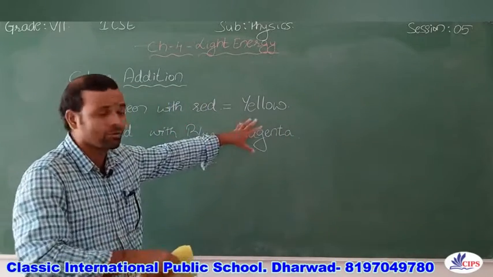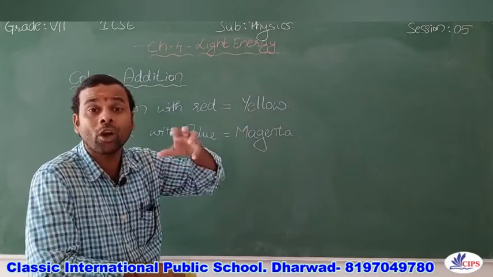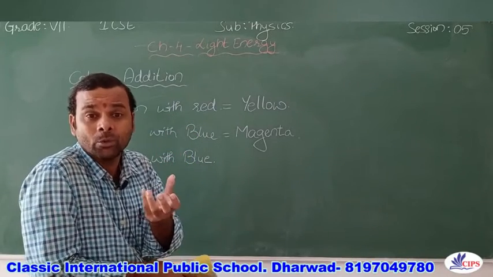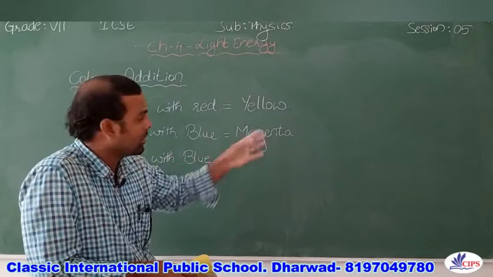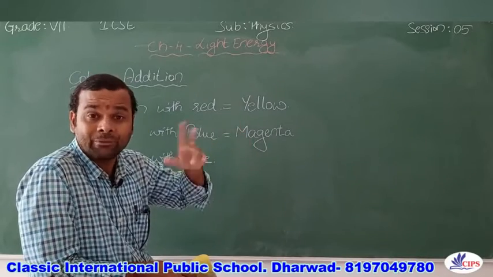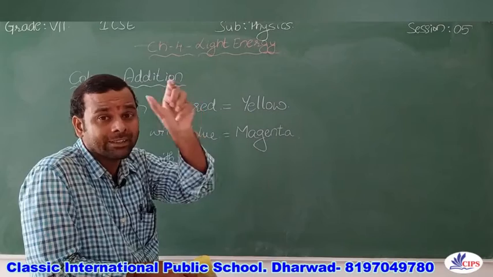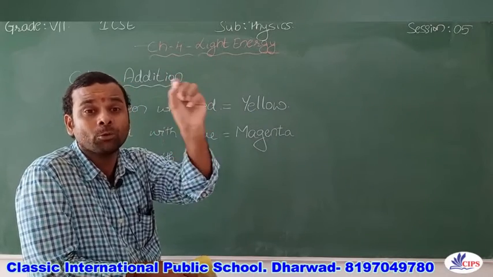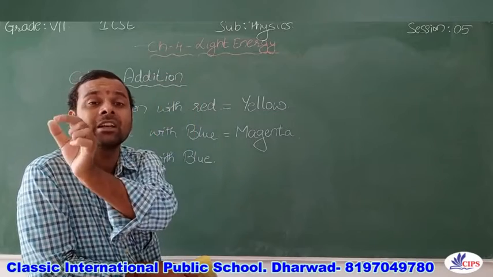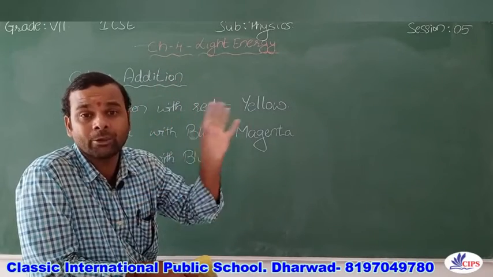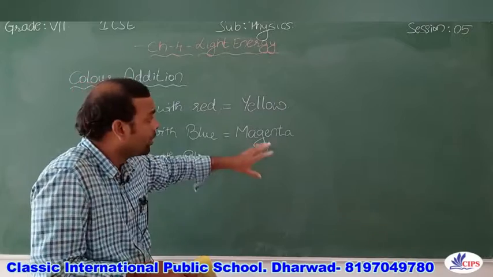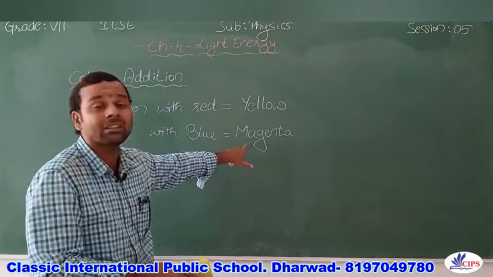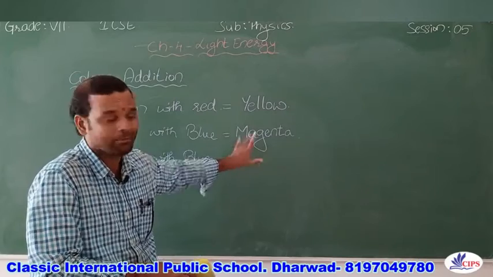All these colors actually you will see in your drawing kit, the colors which you purchase for drawing. So these colors will be there, and if these colors are not there, there will be a note wherein you mix these colors and this color will be formed. Mixing these two colors, red and blue, you will get this color that is magenta.